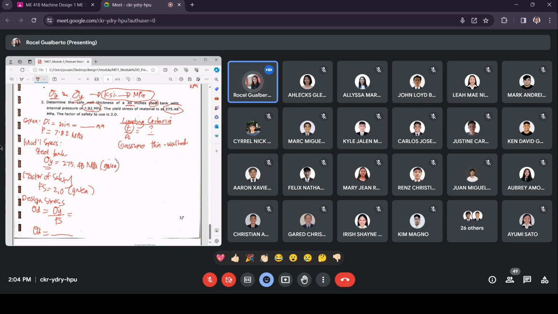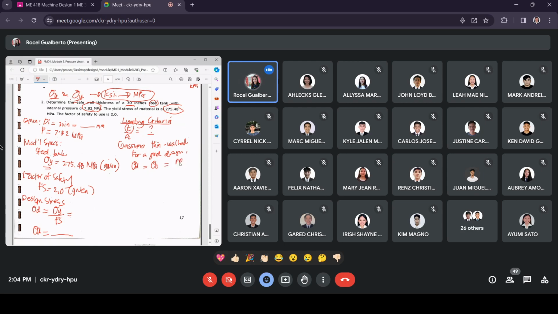What is our procedure for thin wall? We simply equate the design stress to the induced stress of the material. The design stress is sigma D, and the induced stress is your circumferential stress, and this is equal to what?